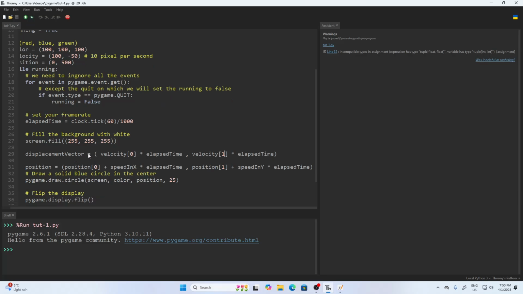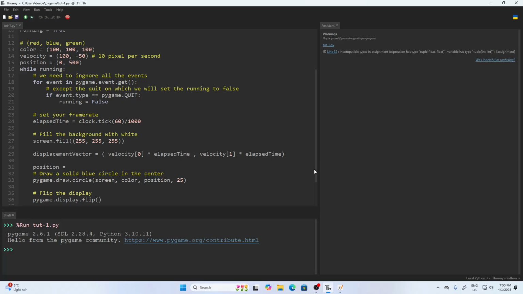And then do we need that position still? Now we need to find the new position. So position is going to be position plus displacement. Right now we will have to, we can add our position and vector like this. But right now we don't know how to do this, right? So we'll learn that later, how we can just do it like this. But for now we need to do more of our work.